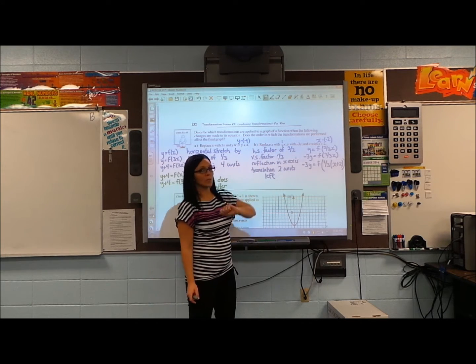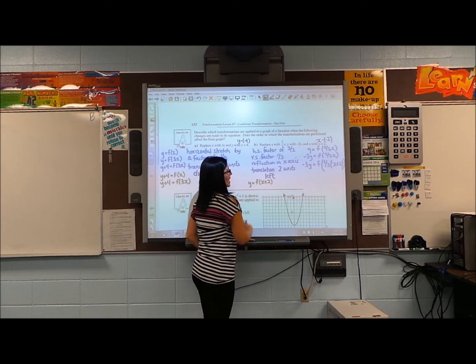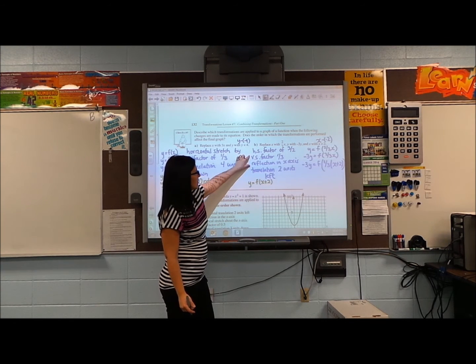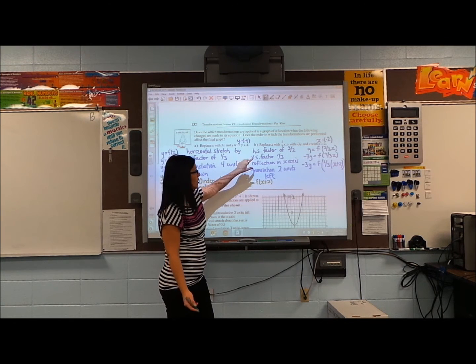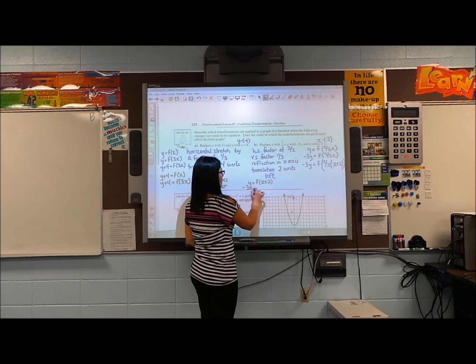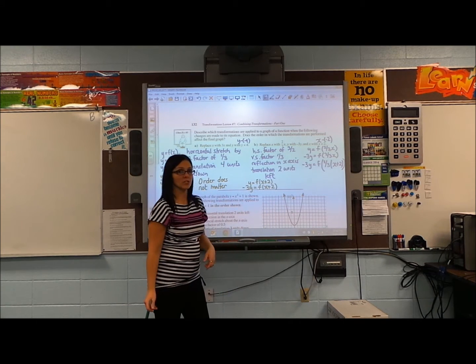If I start from the bottom and go up, I will have y equals f of x plus 2. Then I have the reflection in the x-axis and a vertical stretch by a factor of 1/3, or the replacement with a -3y. So I get -3y equals f of x plus 2.